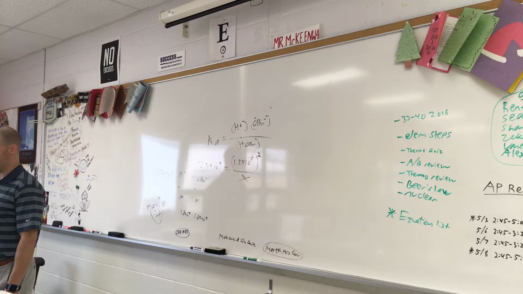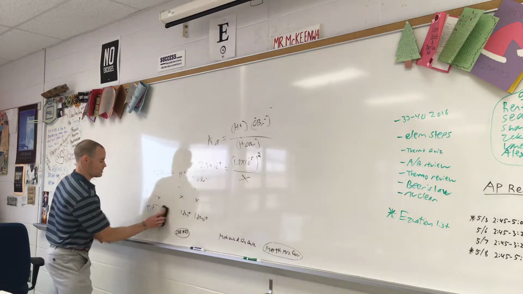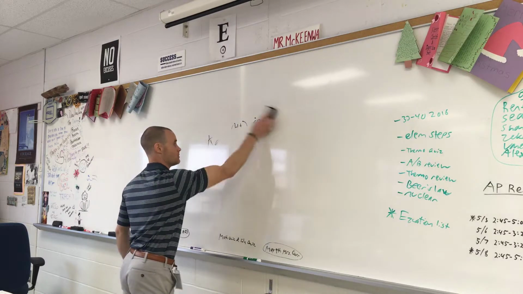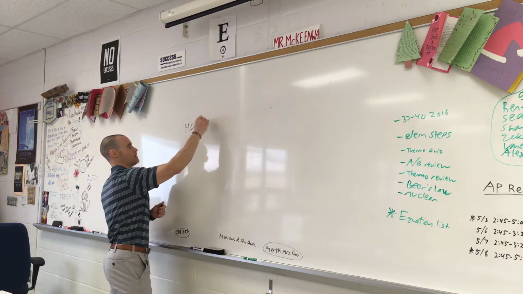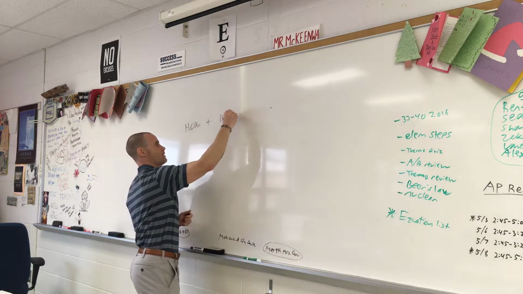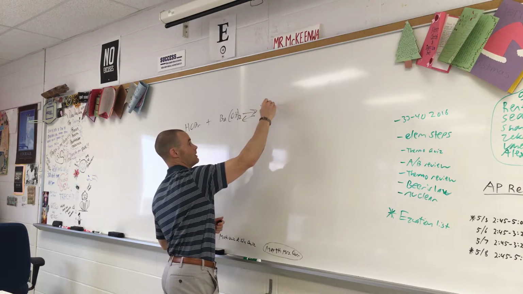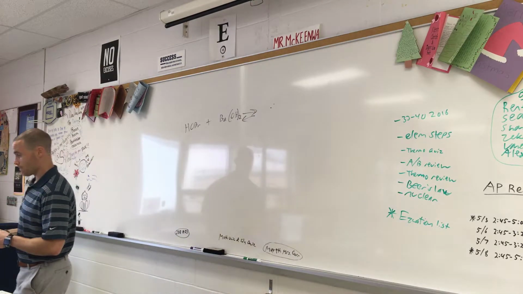So I would write out the balanced equation for this, because at equivalence point, moles of H plus equal moles of OH minus. So if this is our reaction here, what do we get? Let's write the balanced equation.